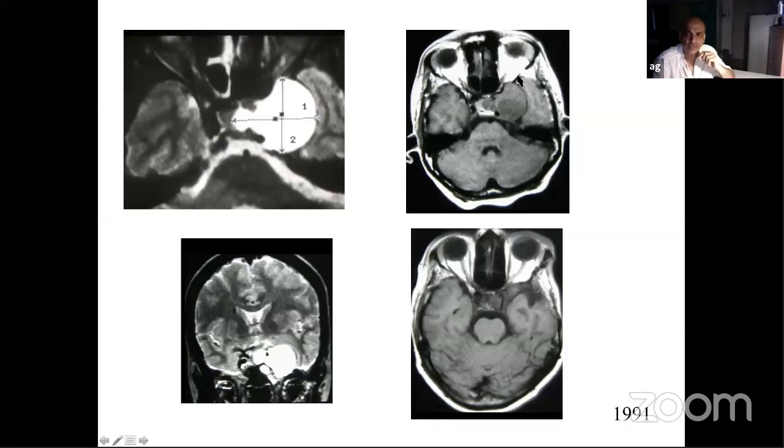So cavernous hemangioma is an intracavernous sinus tumor. It remains within the dural wall of the cavernous sinus. It goes near the orbit, near Meckel's cave, and near the pituitary gland in the intercavernous sinus. The entire tumor is within the confines of the cavernous sinus. No matter how big this tumor becomes, it will never go beyond the confines of the cavernous sinus.